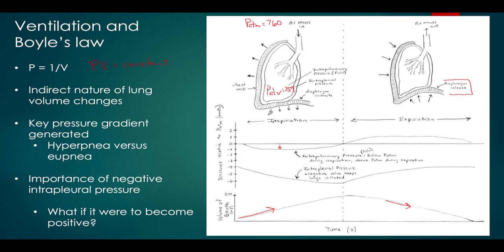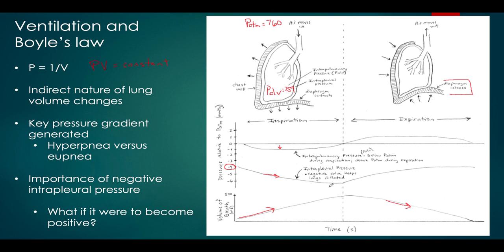Okay. Now you'll notice as you pull the thoracic wall away from the lungs, you're pulling outward. Guess what happens to that intrapleural pressure? You're pulling outwards, so that pressure is actually going to fall even more negative. Notice already negative over here to start. It's going to fall even to a greater degree. And so even as you're pulling the thoracic wall away from the lung harder and harder, the lung will be attracted more and more to that same surface because the intrapleural pressure falls.